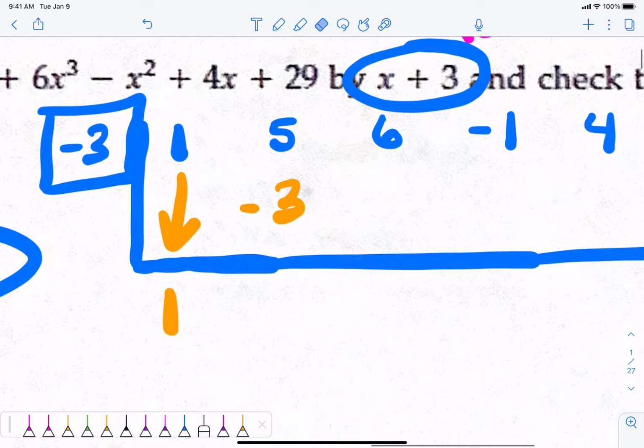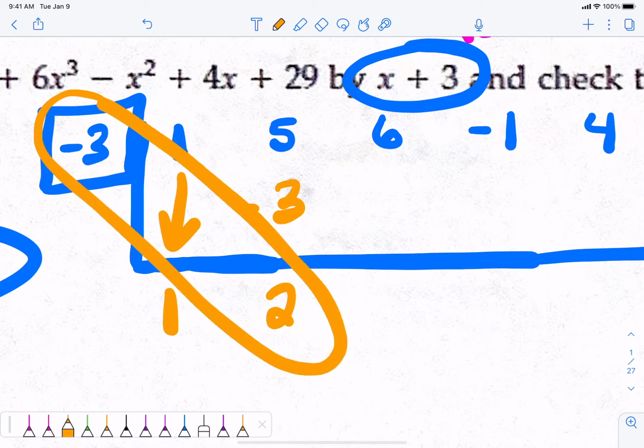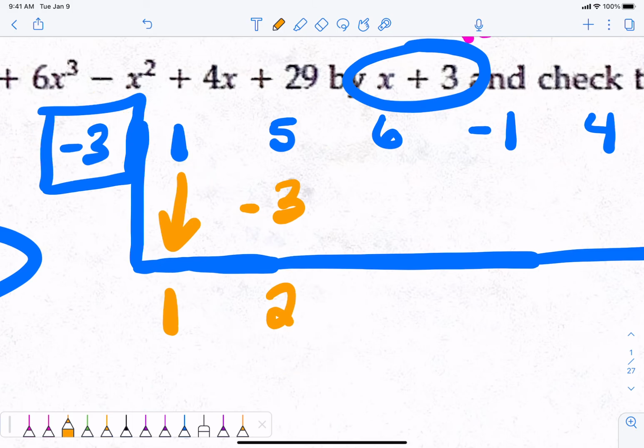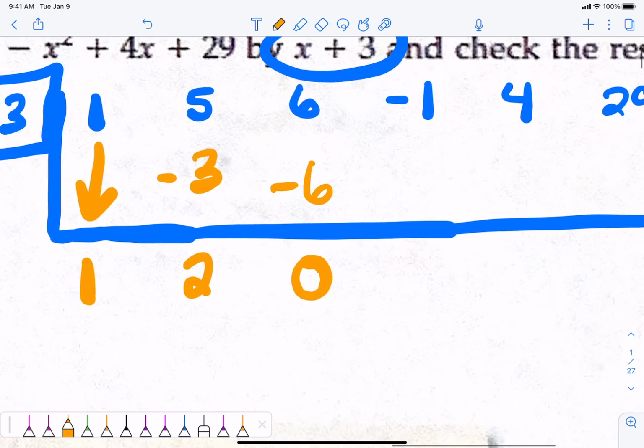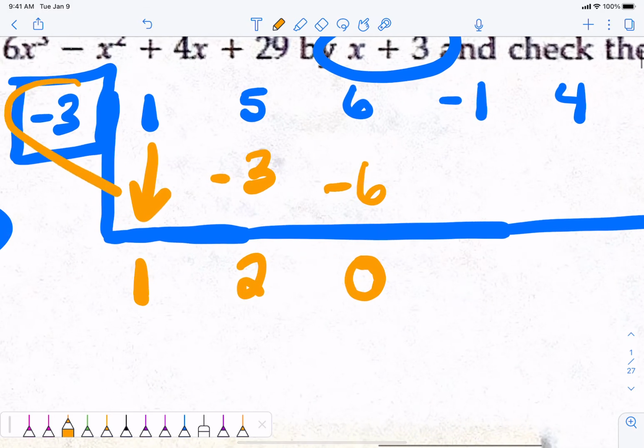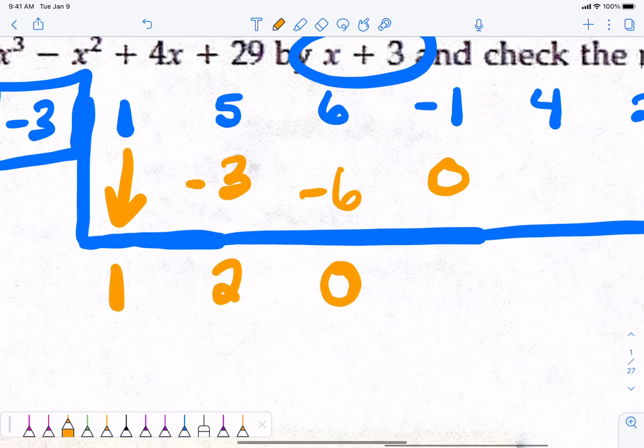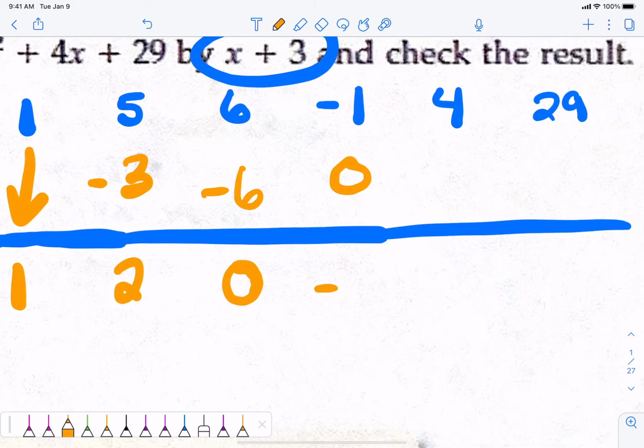The next one, you are adding those. 5 and -3 makes 2. Now multiply the 2 by the -3, and that becomes -6. Then we add those. 6 and -6 becomes 0. Then I multiply again. -3 times 0 is 0. -1 and 0 together make -1.